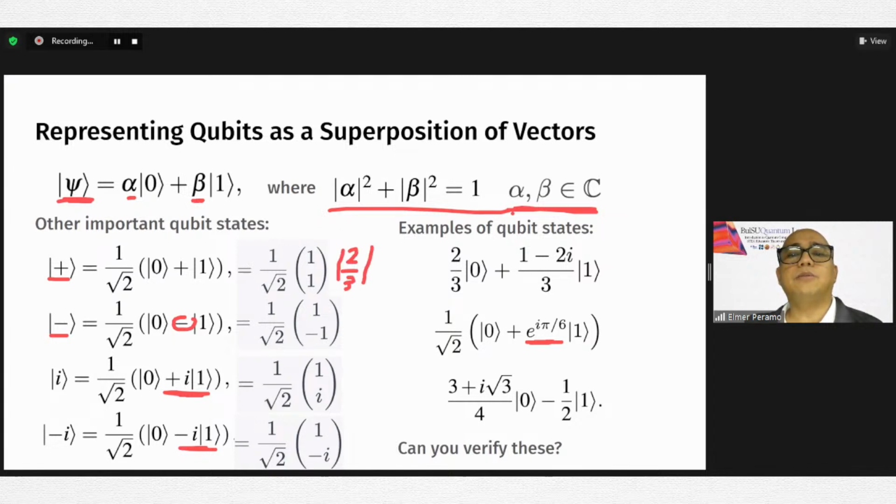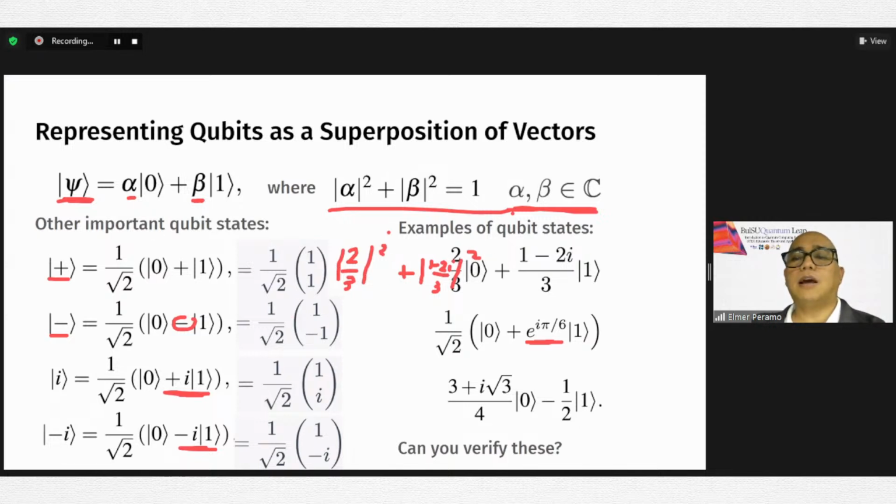Get the absolute value squared, plus, what's the absolute value of this one? Anyone? What's the absolute value of 1 minus 2i over 3, squared?